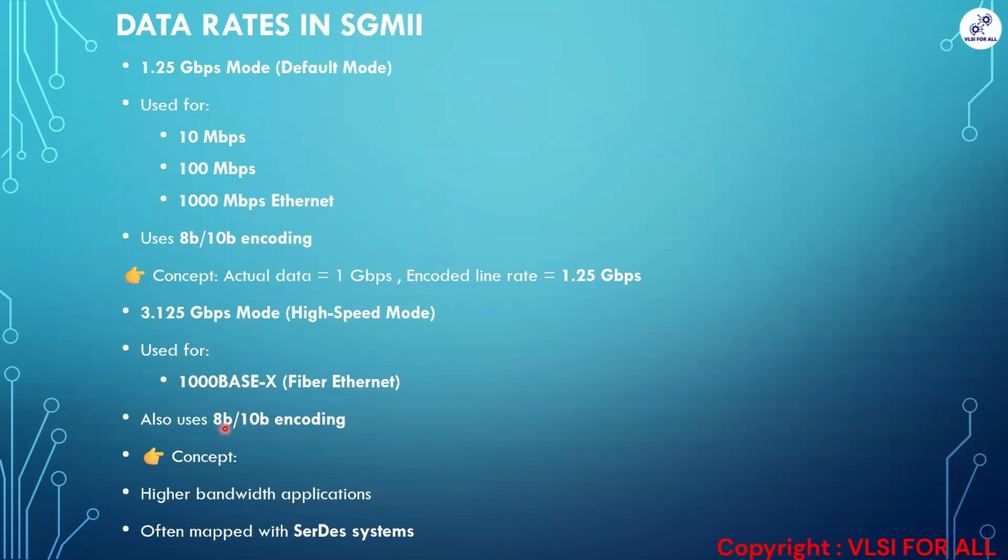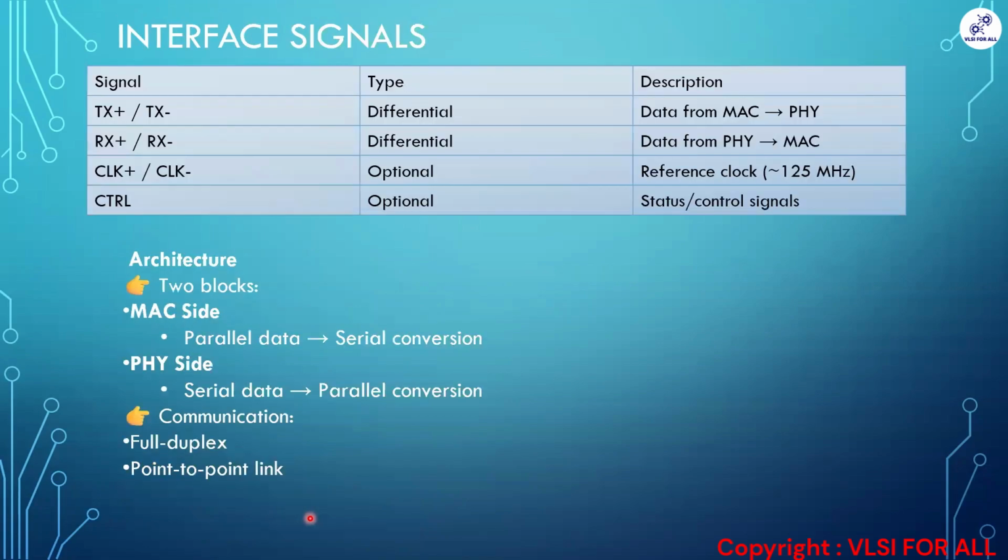So it uses 8B/10B encoding, and it is used for high bandwidth applications. It is mapped with SerDes systems. SerDes systems are nothing but high speed IPs. And as I told, we have four signals like TX positive, TX negative, which are differential.